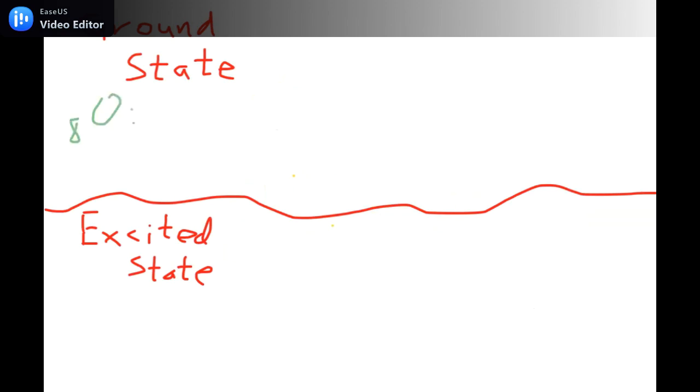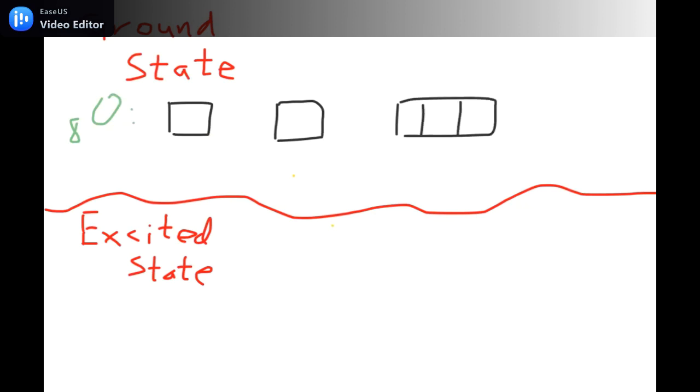Oxygen's electronic configuration I'm doing in terms of spins. So there is the first 1s, then 2s, and then 2p. So there are 8 electrons. So when we start filling them, now this is the ground state of oxygen.